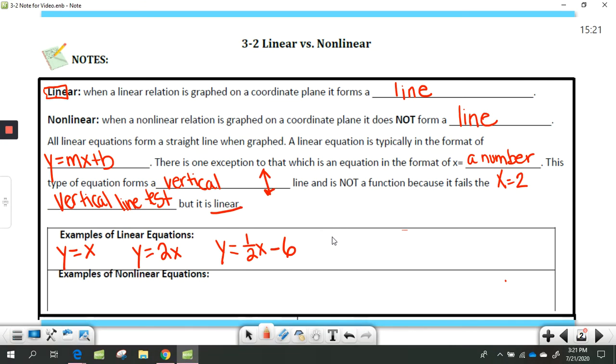You might have an equation like y equals a number, such as y equals 2. That is a horizontal line. And then you could have x equals a number. That is a vertical line.